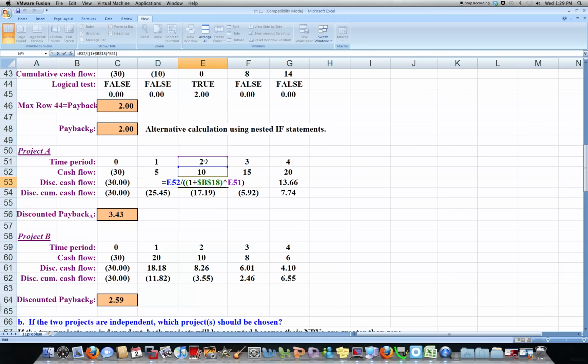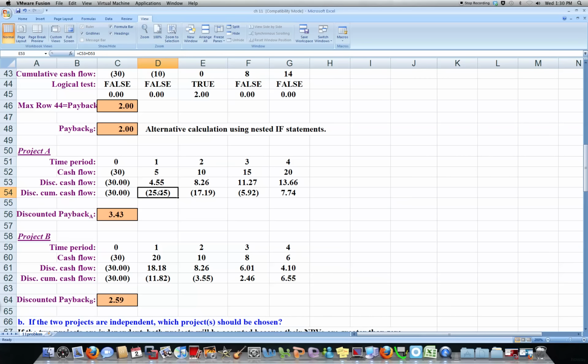We could also use the present value function that you should have learned in Finance 1. In this case N would be 2, future value would be 10, and I/Y would be the 10% weighted average cost of capital. We wouldn't have a payment, and this gives us the present value. So we find the discounted cash flows for each period.